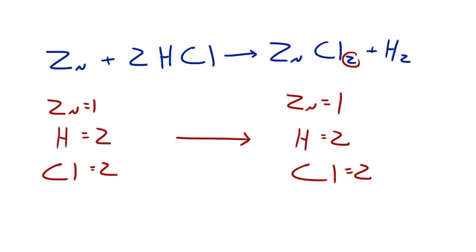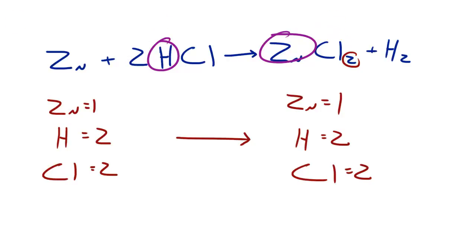Simple enough. So remember, the concept of a single displacement reaction is when you have a compound, 2 or more elements bonded together, and another element comes in and replaces one of them. In this case, we had hydrogen bonded with chlorine, and we end up with zinc bonded with chlorine. Simple enough? Okay, you got it.